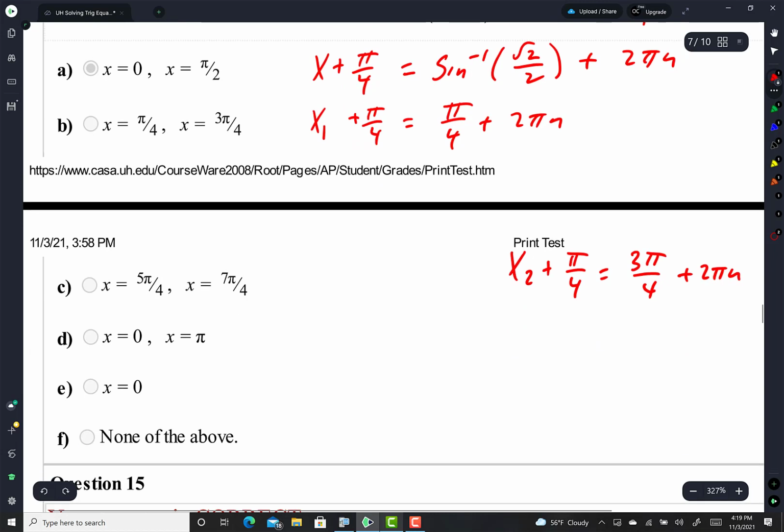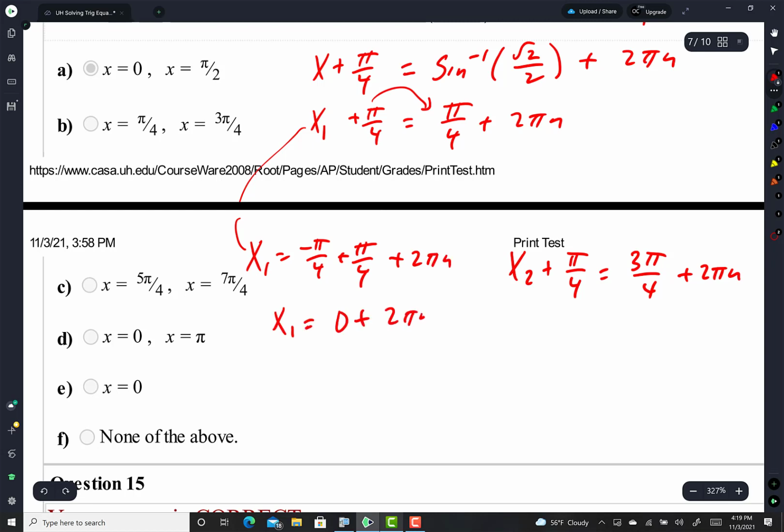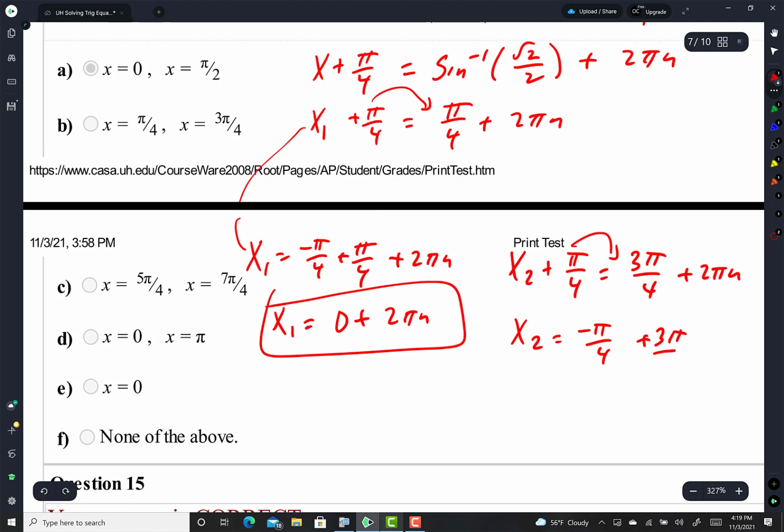Alright, so there it is. So I'm going to go back to x1. x1 equals, I'm moving the pi over 4 right there, negative pi over 4 plus pi over 4, so that's going to give you 0 plus 2 pi n. So x1 equals 0 plus 2 pi n. That's my general equation. Let's do the next one. x2 equals negative pi over 4 plus 3 pi over 4 plus 2 pi n.